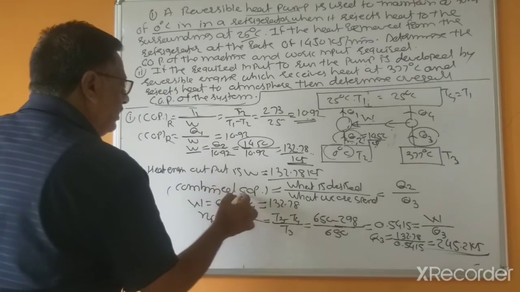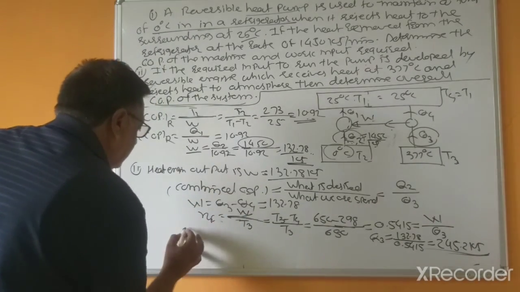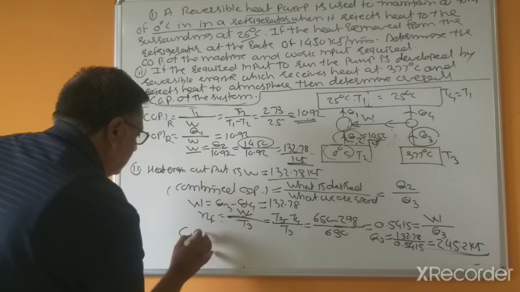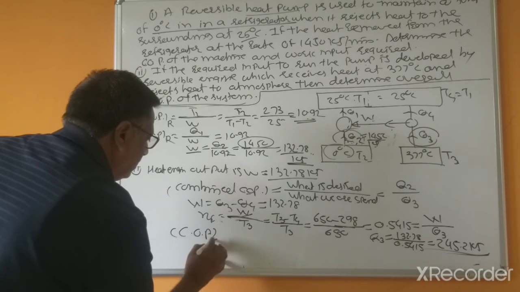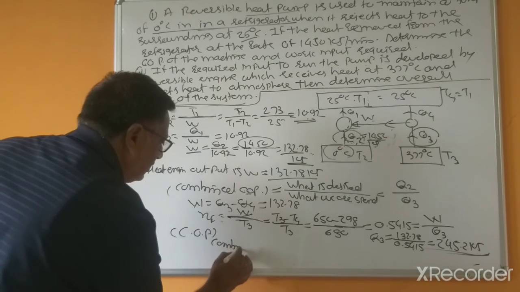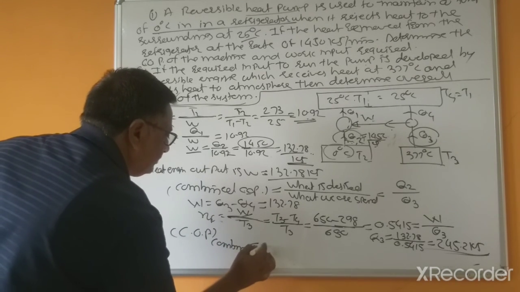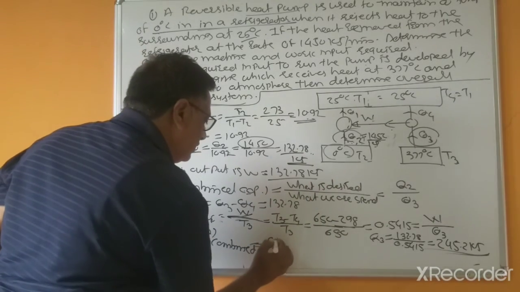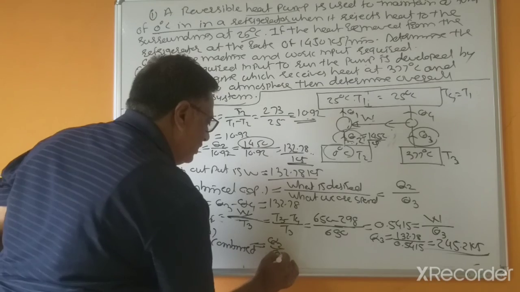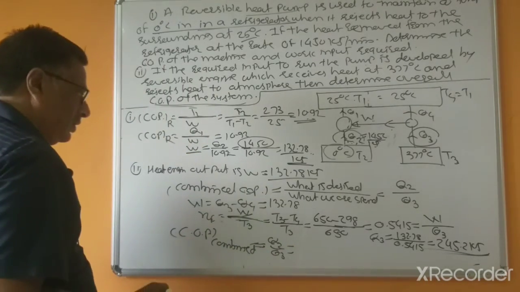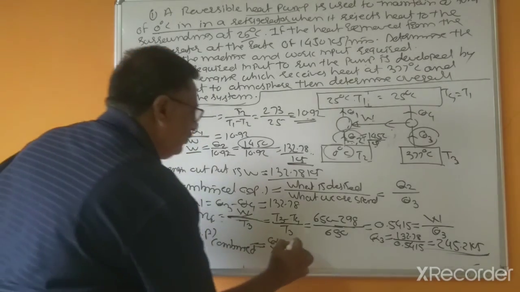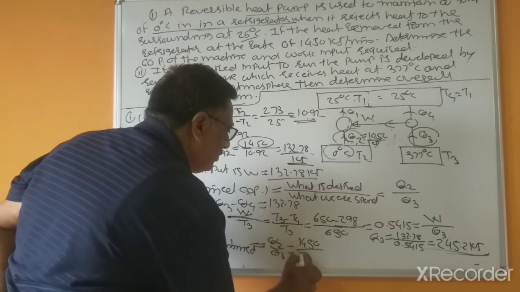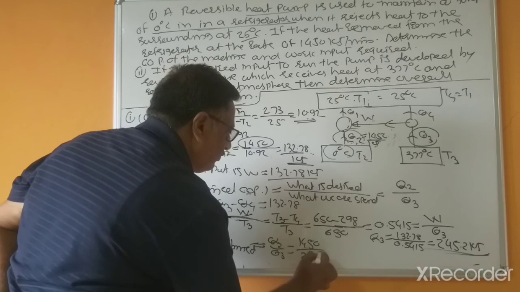Now we can calculate the combined COP. This is your second answer, and here I can write the combined COP equal to Q2 divided by Q3. Now Q2 equal to 1450 and Q3 equal to 245.2.